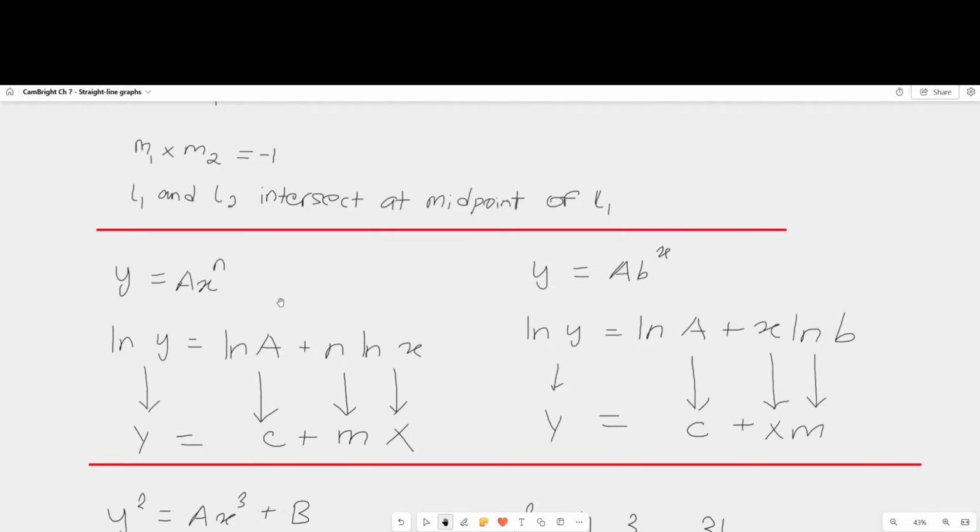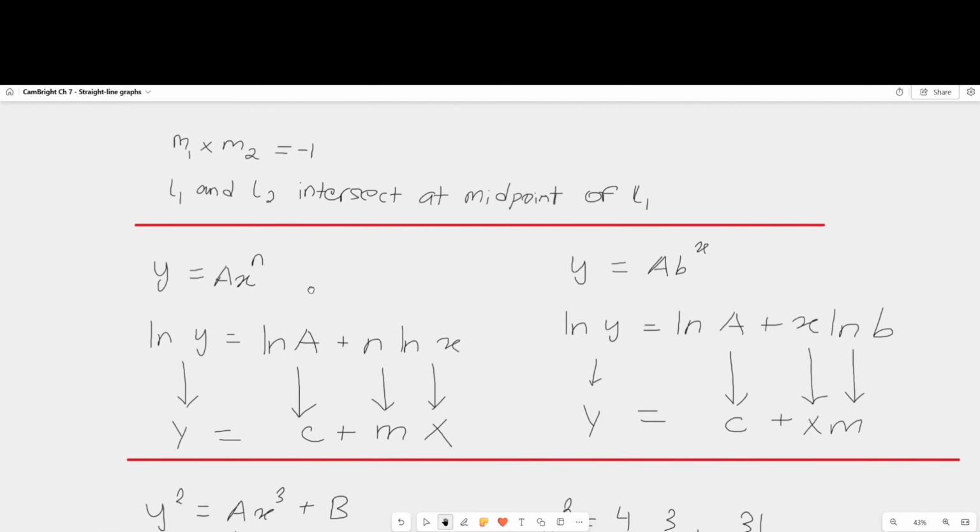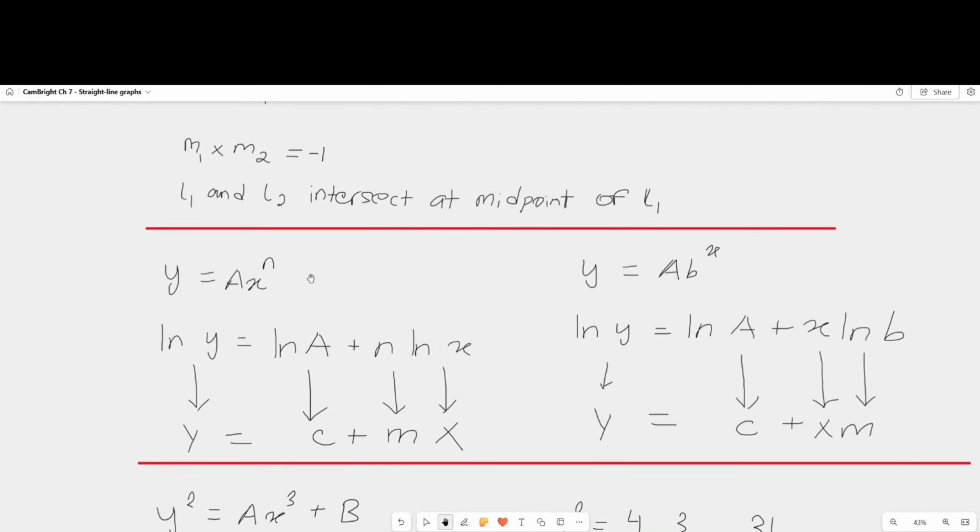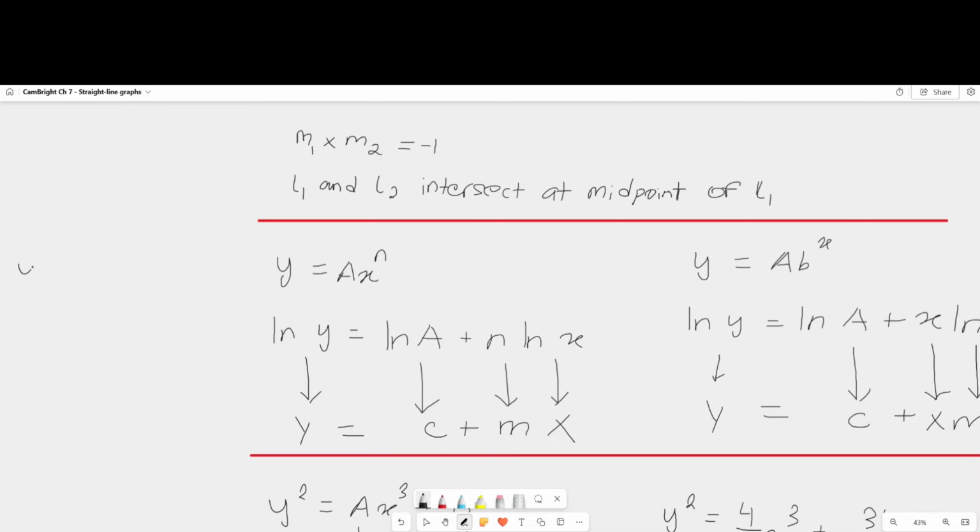Right. Now, this is something new. Basically what this part of the syllabus is, you can convert a non-linear equation such as this one into a linear form. If you have looked at the last chapter, which talks about logarithms and exponents, you can see that if we take the natural log on both sides of this equation, it'll rearrange to this. I can show you the working for that here.